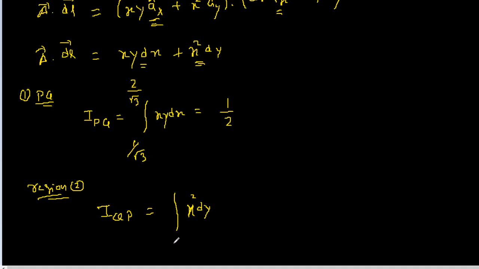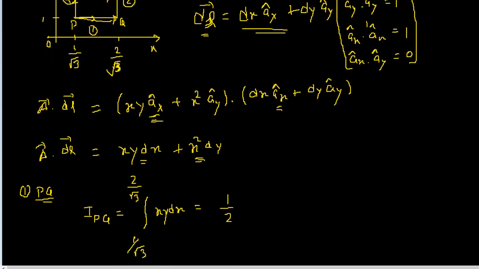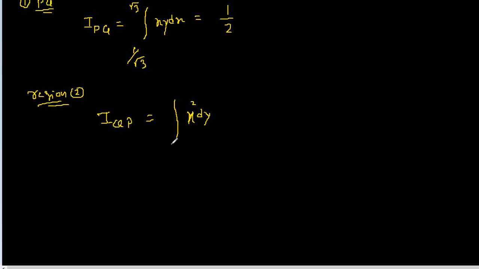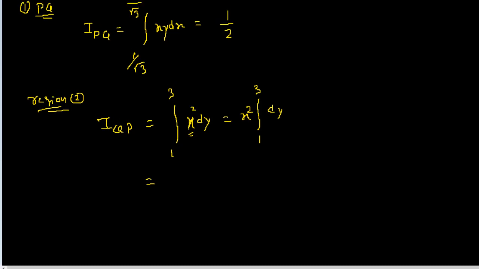So here we can take the limit from 1 to 3. Okay, so take 1 and take 3 here. Now integrate. So the thing is that we cannot differentiate x with y, so we can take this term out and integrate only y. So this comes out to be dy.